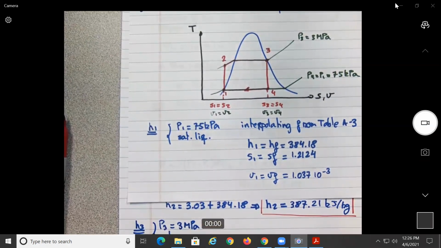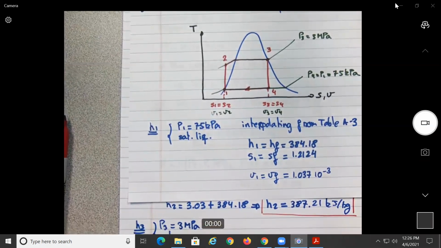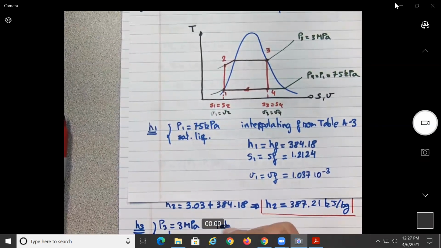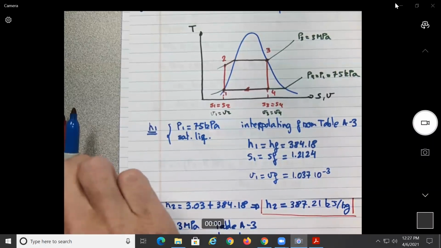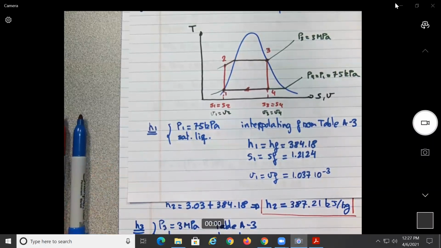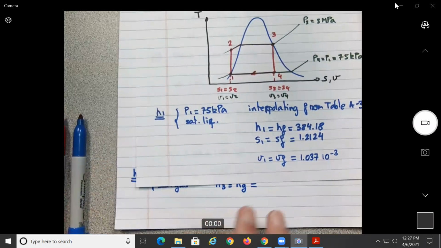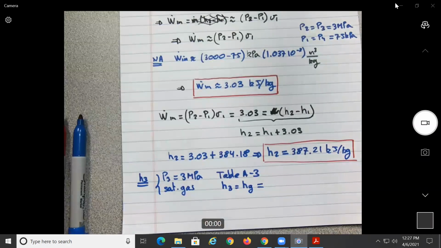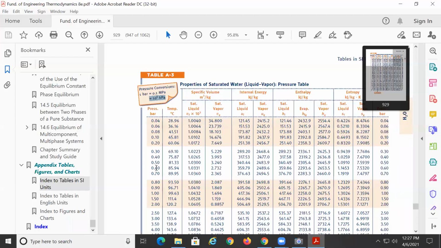So here we could go to either table A3 probably. So table A3, I'm guessing again. And what we're gonna have, H3 should be equal to the H sub, instead of liquid, H sub gas at 3 megapascals. Yes, sorry for that. So we say would be 3 megapascals. That would be 30 bars.